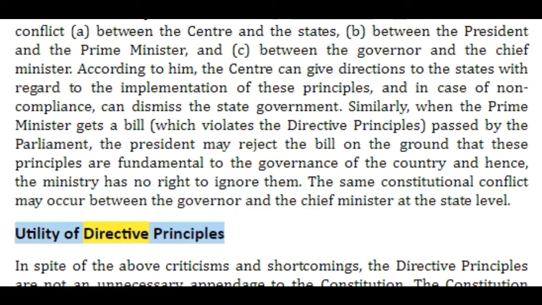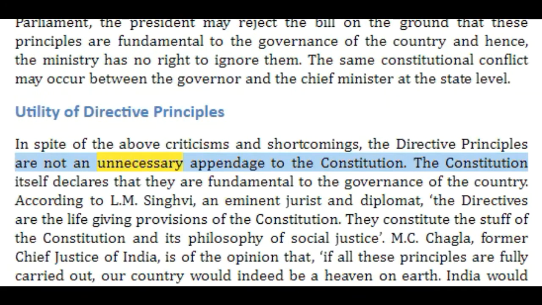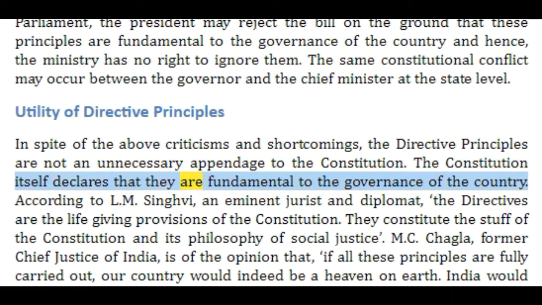Utility of directive principles. In spite of the above criticisms and shortcomings, the directive principles are not an unnecessary appendage to the Constitution. The Constitution itself declares that they are fundamental to the governance of the country.